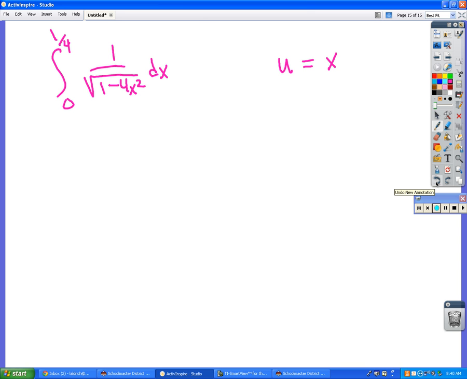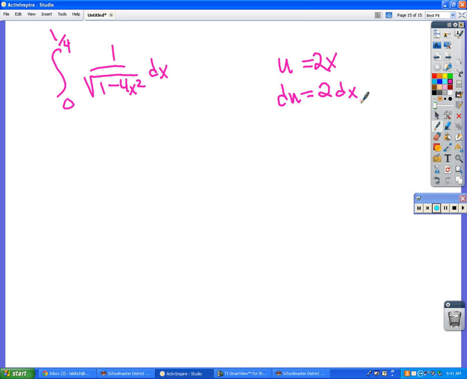But what if we use u squared? Right, that's where we're getting to. So it's going to be u equals 2x. Now du is just 2 dx, so I have the dx here, and I can just do that 1/2 thing. But this isn't 2x, it's 4x squared.